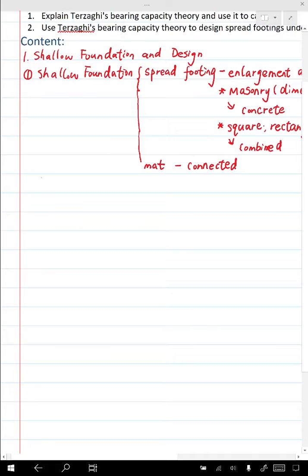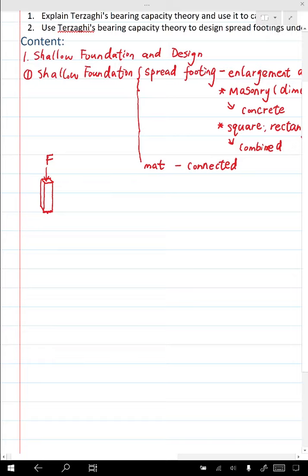I'll first draw a 3D view. Let's assume that we have a column and we have load coming from the superstructure. As mentioned, if we put the column on the soil directly, it's very hard for the soil to sustain the load directly.